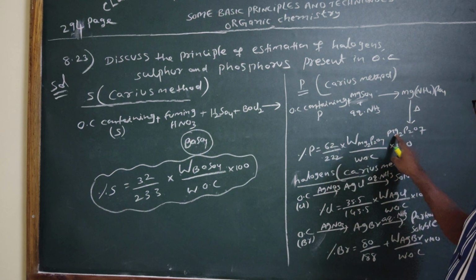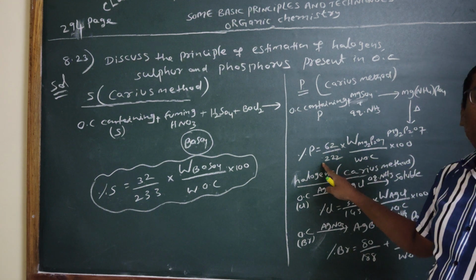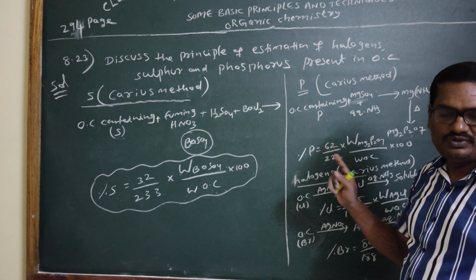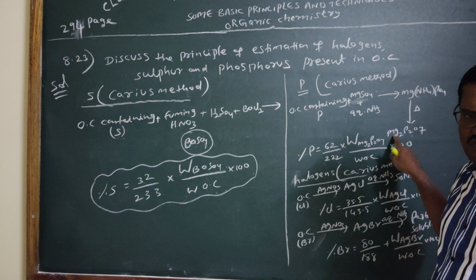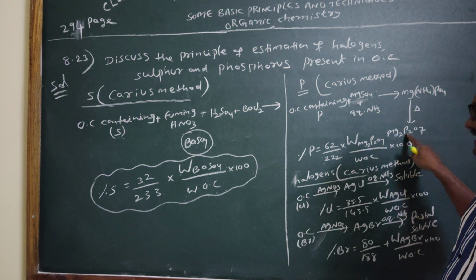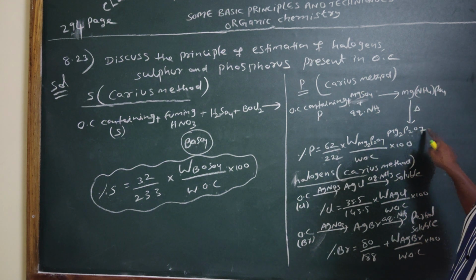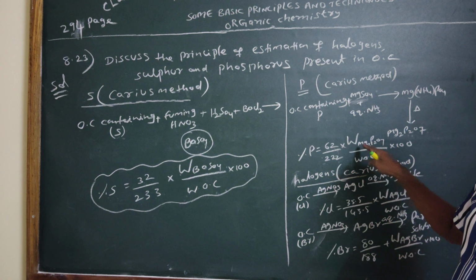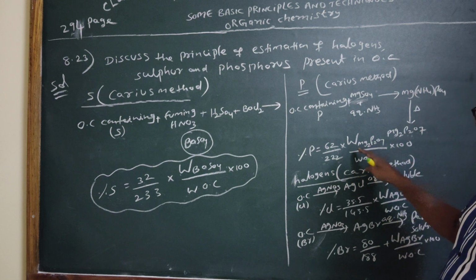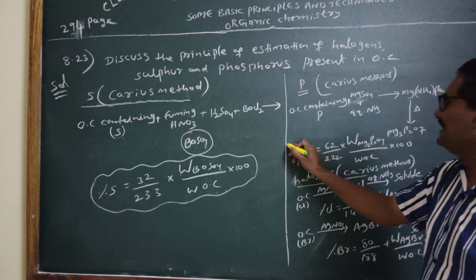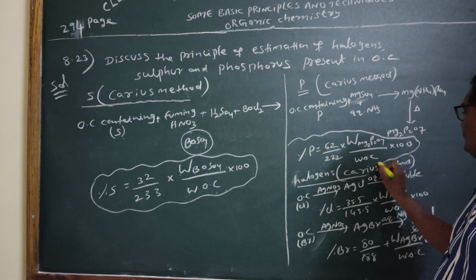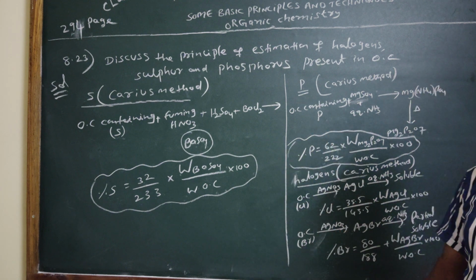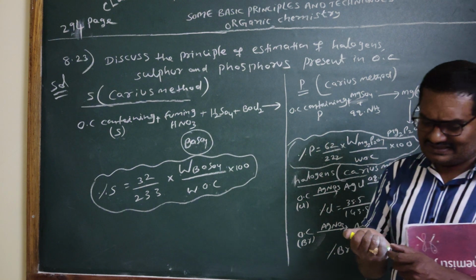Mg2P2O7 molecular weight is 222, because 24 plus 24, 31 plus 31, 16 into 7. So percentage of phosphorus is 62 by 222 into weight of Mg2P2O7 by WOC into 100. It is the formula. Next one, halogens.